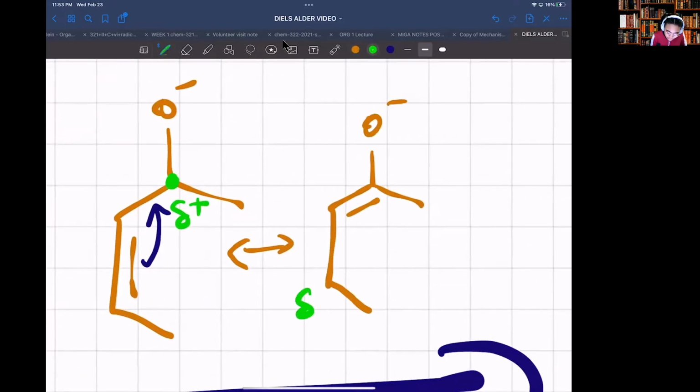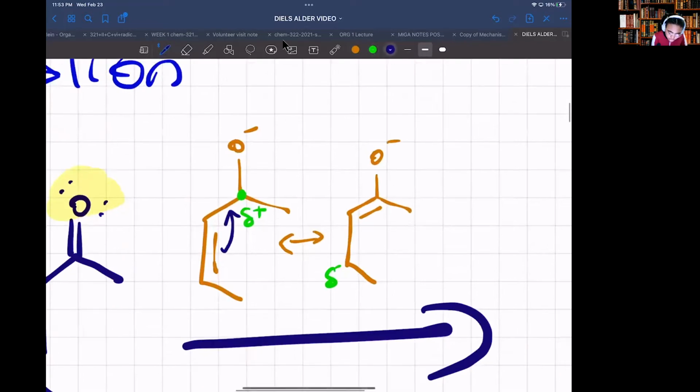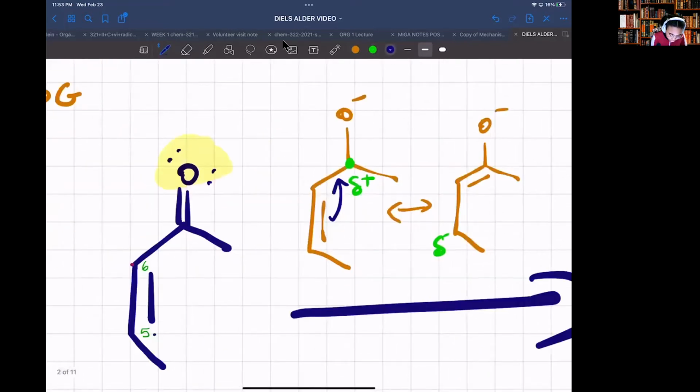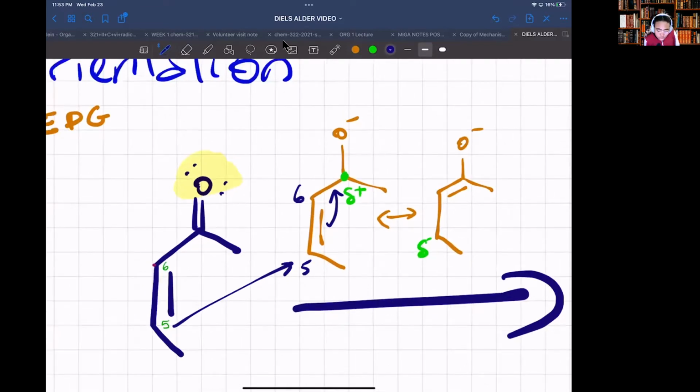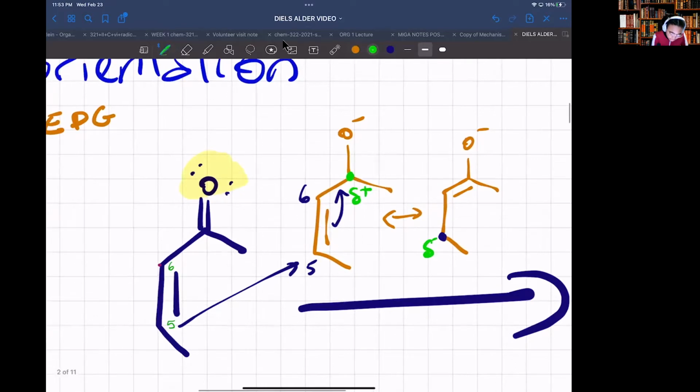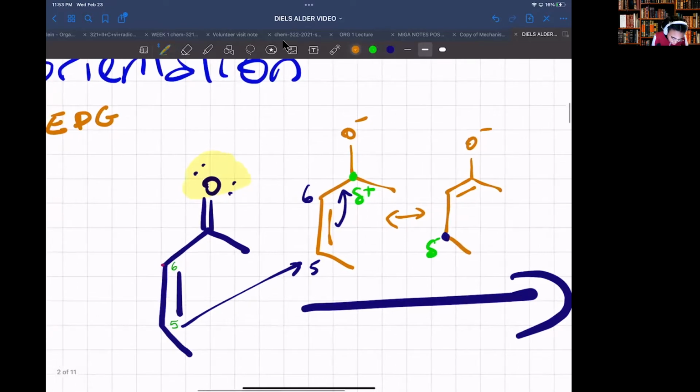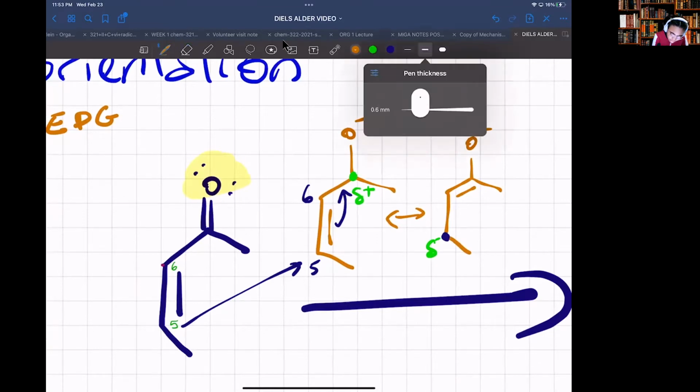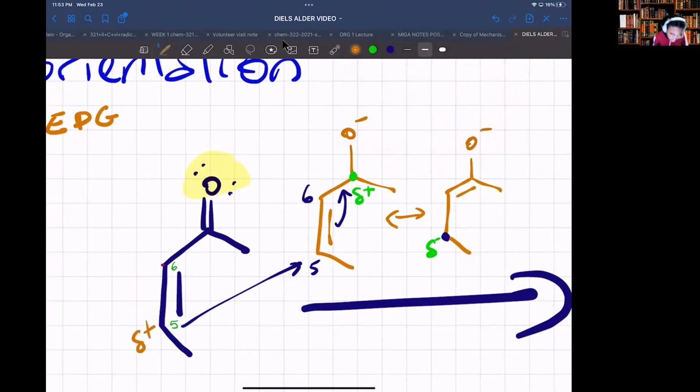Leaving carbon 5. Remember, this one was 5, right? So that's carbon 5, that's carbon 6. So we'll have carbon 5 with a partial positive charge. So let me put partially positive. That's the goal of this exercise, to find the partially positive and partially negative charge on a carbon of interest.